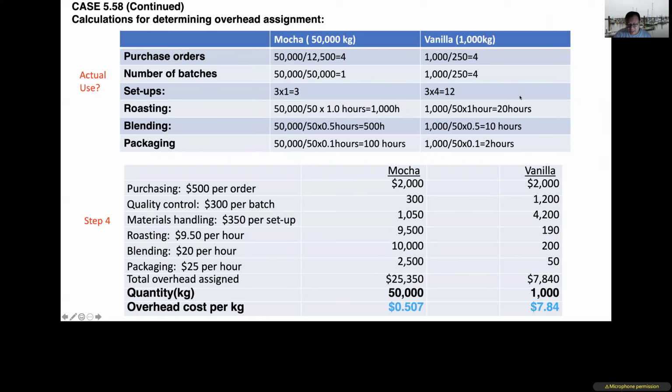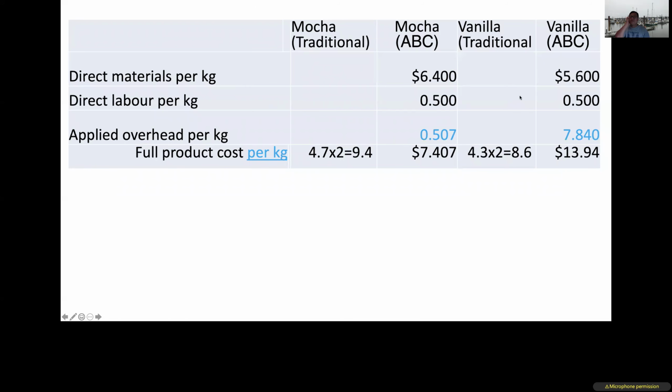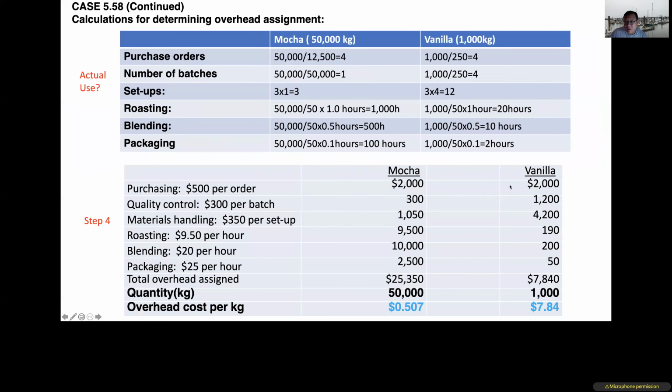So you can see that's a quite big difference, right? Basically, which is high volume? We know vanilla is low volume, with only 1,000 kilograms versus Mocha at 50,000 kilograms. So vanilla is a low volume product and Mocha is a high volume product.